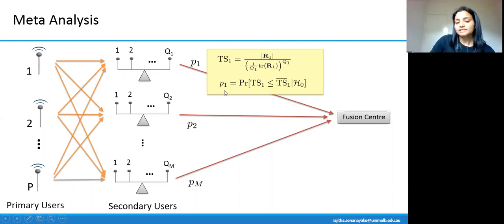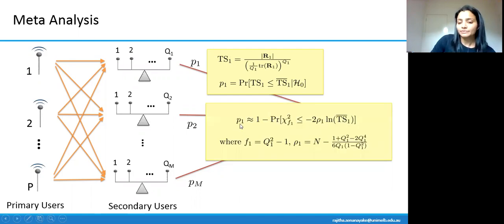Since the definition of the p-value is this, to calculate it, what I need is the CDF of this test statistic evaluated at this value. Since we already know that this CDF can be approximated using a chi-square distribution, I can approximate the p-value using this chi-squared random variable that has F1 degrees of freedom.